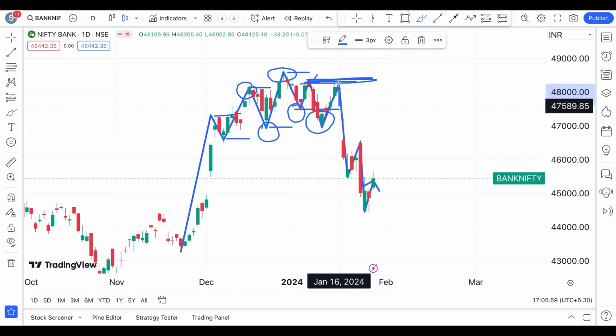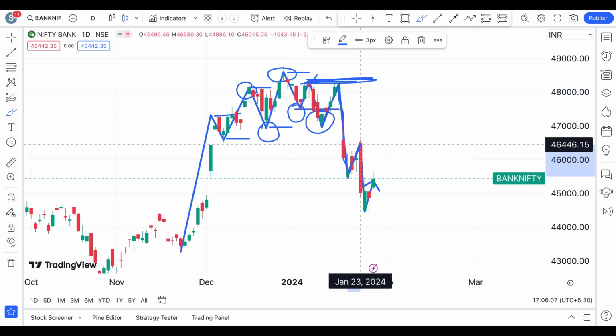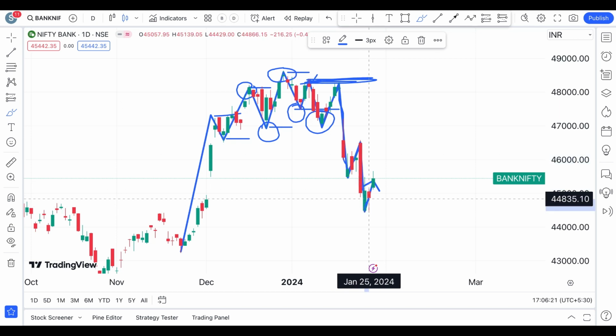From there we have seen Bank Nifty falling sharply and very swiftly towards the downside, and here we have again seen a couple of days of pullback towards the 46,450 and 46,500 levels, and from there we have sharply seen the market falling down, and again we are in a pullback stage.